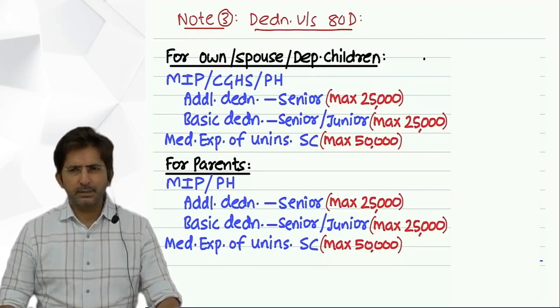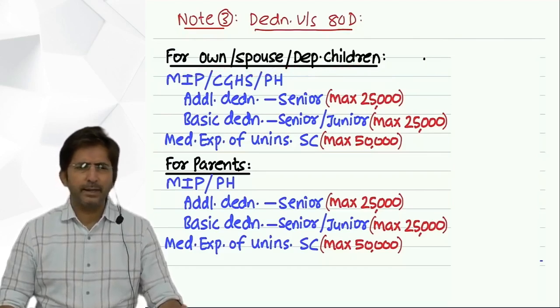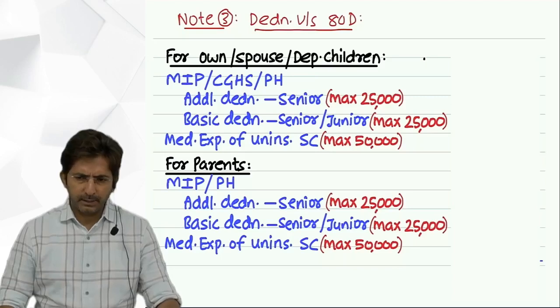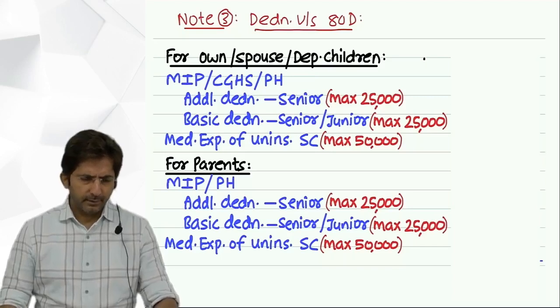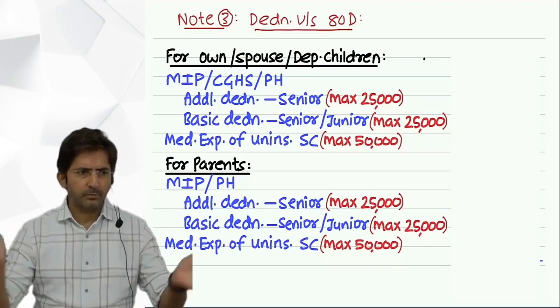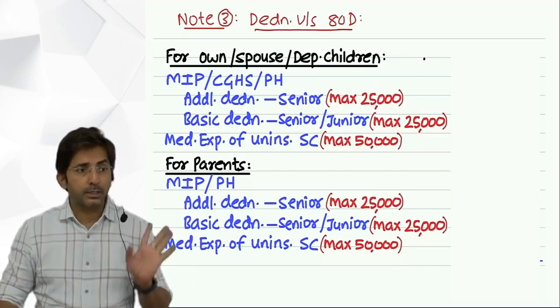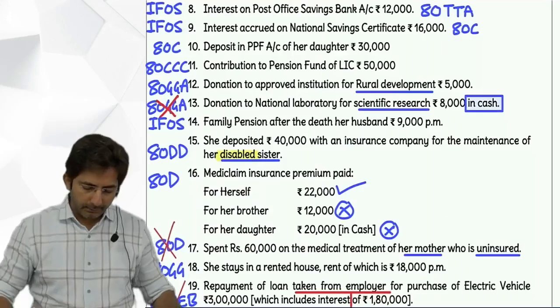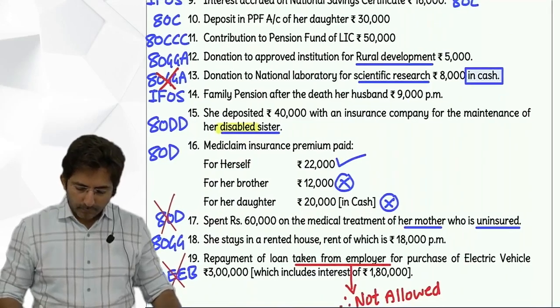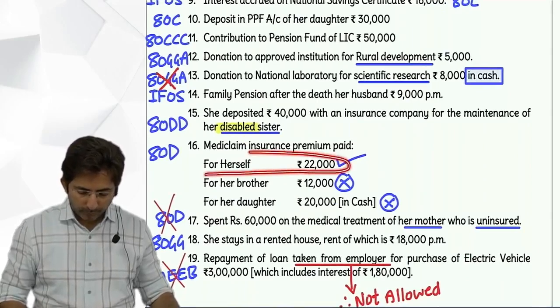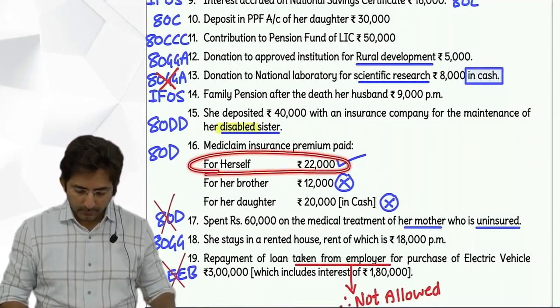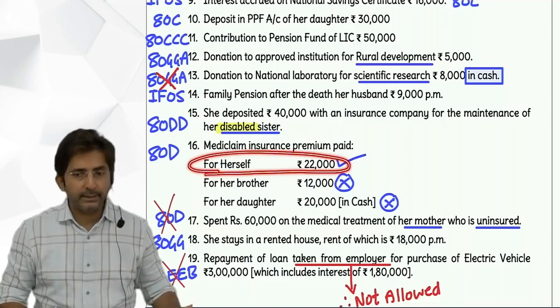Whatever is given, whether medical premium, Central Government Health Scheme, preventive health checkup, anything, just add all the eligible amounts of own, spouse and children. So check in our question: we have an amount of 22,000 for own health. Then that's it. We don't have anything else.